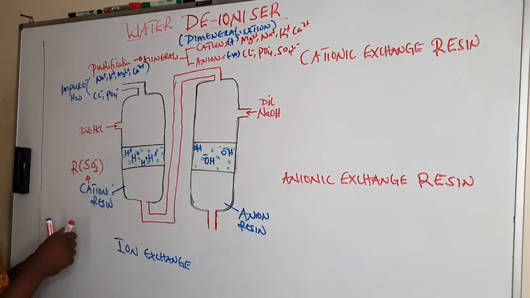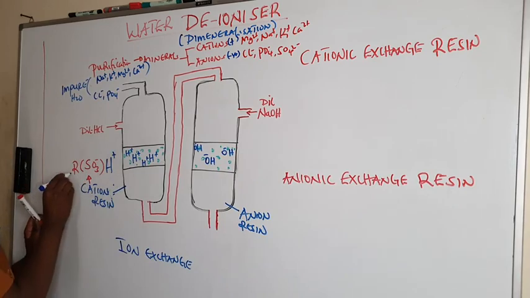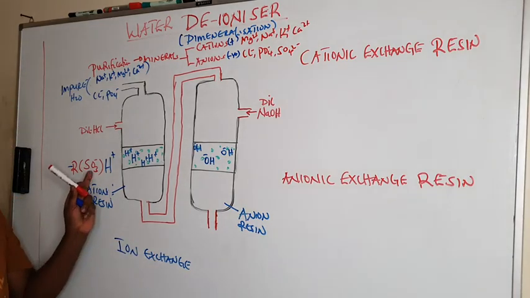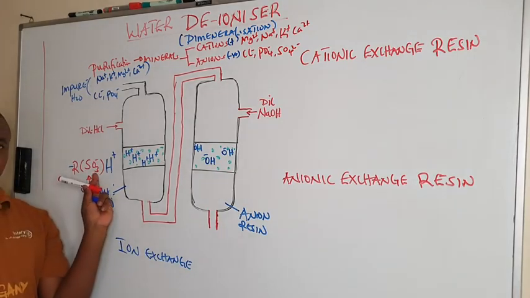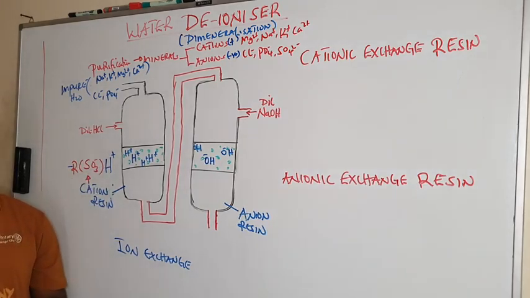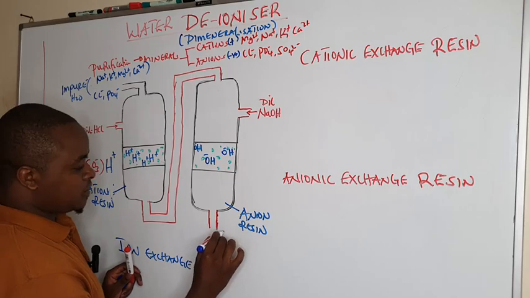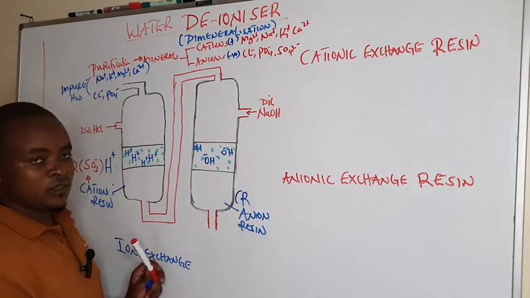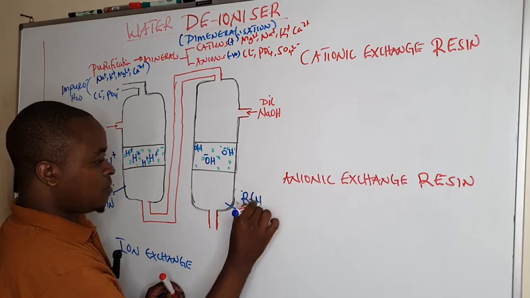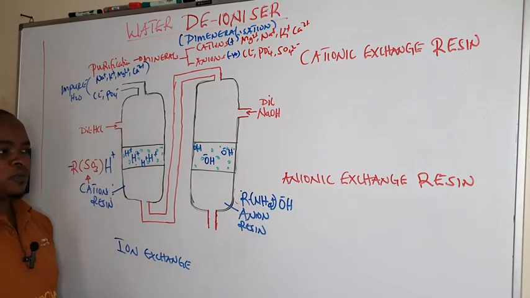So the whole resin contains these three components, where R is representing a long polymer chain having the acidic component, which is the sulfite in this case, with the hydrogen ion, or what we can call a proton. Whereas the anion resin is going to contain the polymer chain together with the basic component, like the ammonium group, together with the OH group.